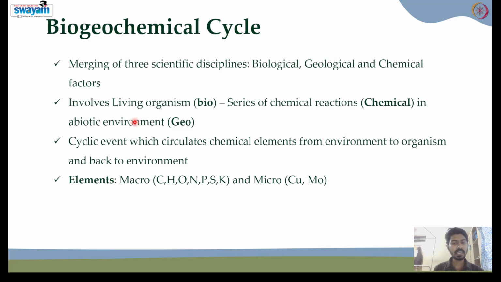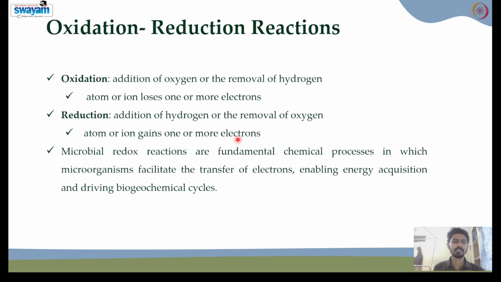And the chemical elements can be carbon, oxygen, nitrogen, phosphorus, sulfur, and it also includes micronutrients like copper and molybdenum. So these are the basics of the biogeochemical cycle, and it merges three important disciplines. As we have seen, it integrates biological, geological, and chemical cycles.